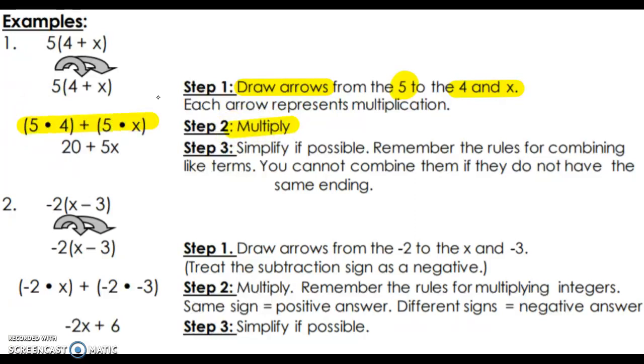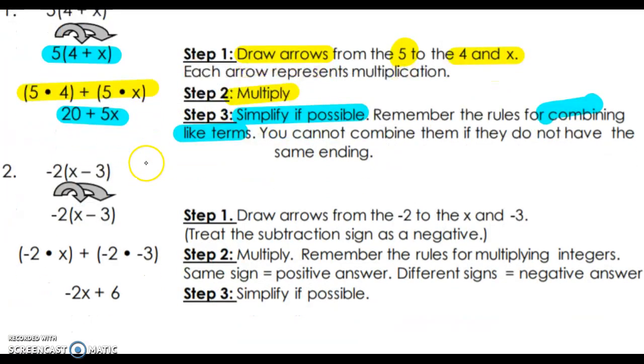I wouldn't expect to see that on your paper. I'm okay with you just jumping from this step up here with the arrows down to what that simplification looks like. And step 3, it's important because it does say to simplify further if possible, and we will jump into some examples of that today where we might have to combine like terms after we do our distribution. Otherwise though, right here 20 plus 5x is our final answer.